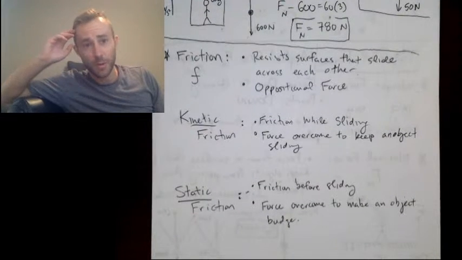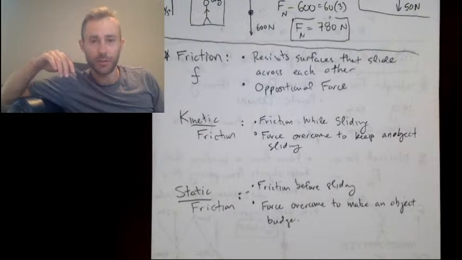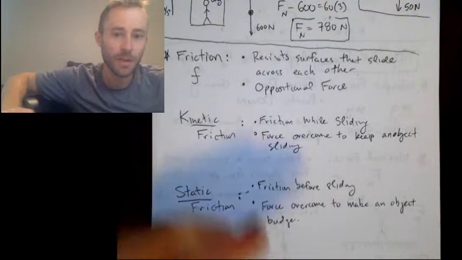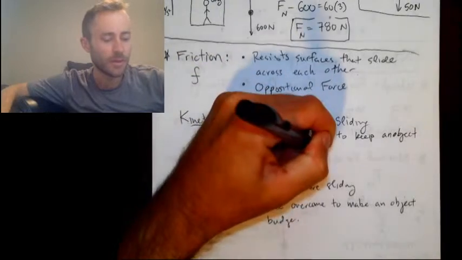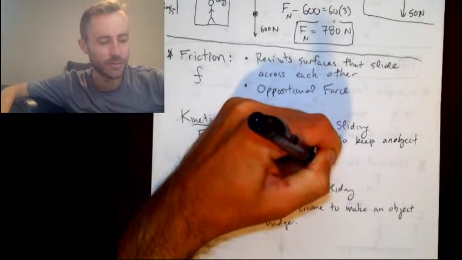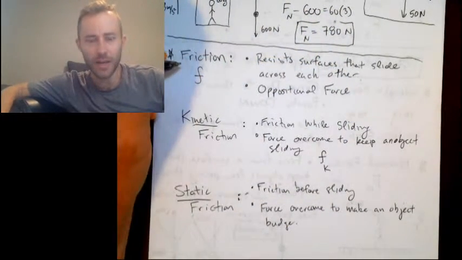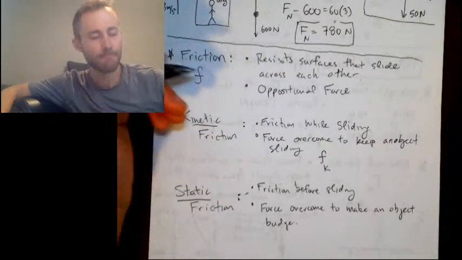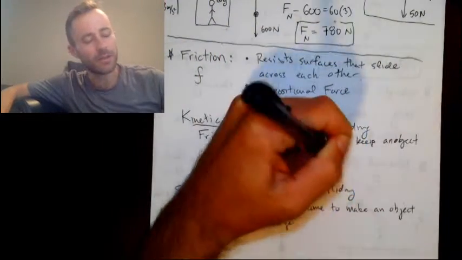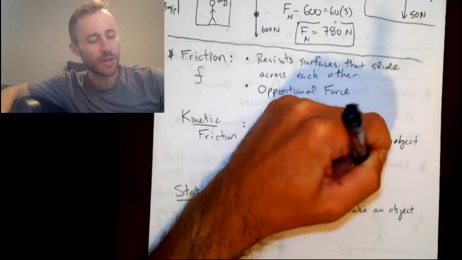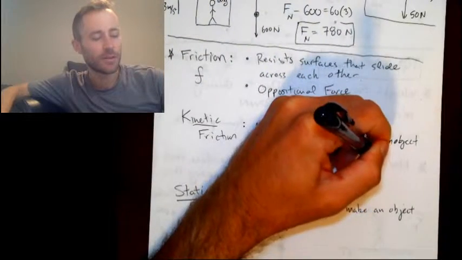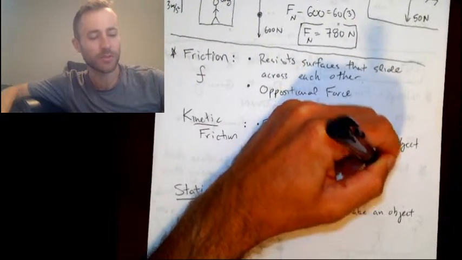So there's a formula for friction. I'm going to give you the friction formulas at this time. The formula for kinetic friction: kinetic friction is denoted by F sub K, and it is mu sub K times the normal force.